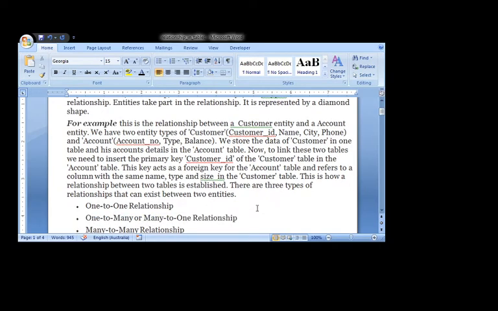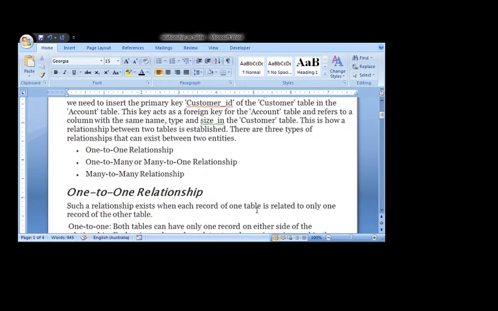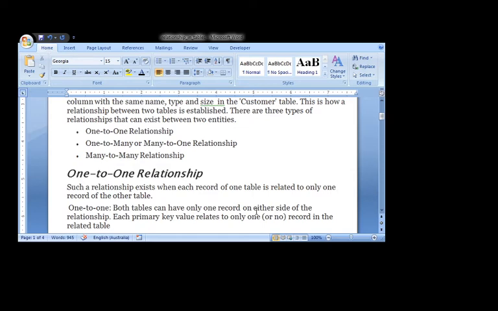So we have three types of relationship: one-to-one relationship, one-to-many or many-to-one relationship, and third is many-to-many relationship. Let us go one by one. One-to-one relationship. Understand, one-to-one is very clear.